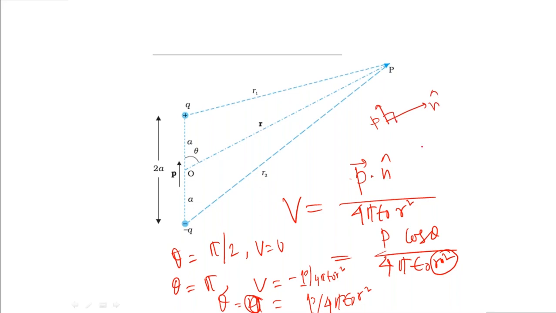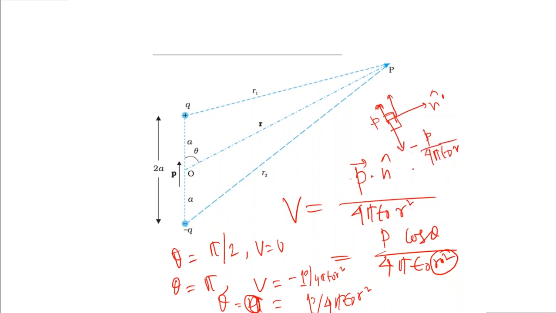The maximum potential is when the direction where you are calculating is parallel to the dipole, that is, on the dipole axis itself.